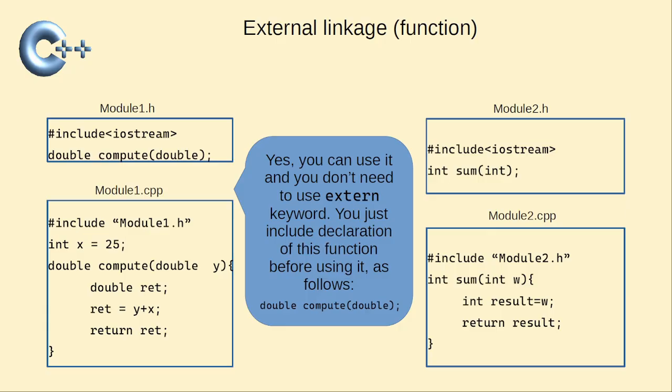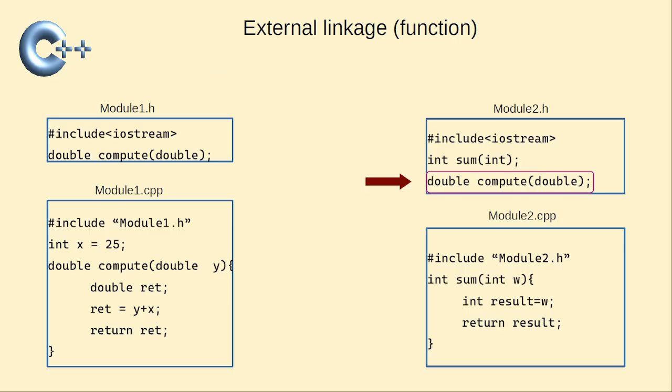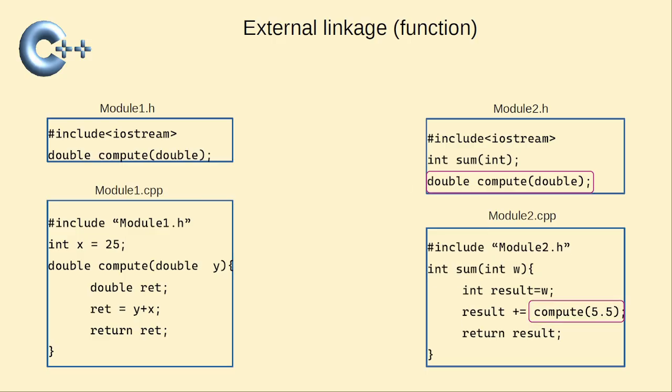You just include the declaration of this function before using it as follows. Now, having this declaration included in the header file, module 2 is able to call this function in its logic.